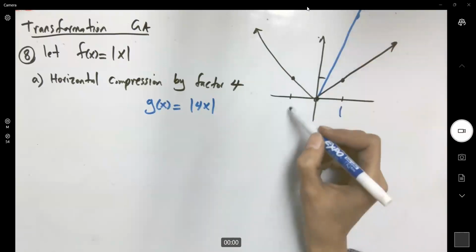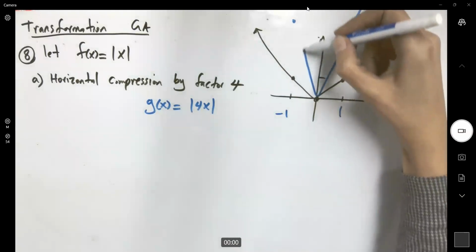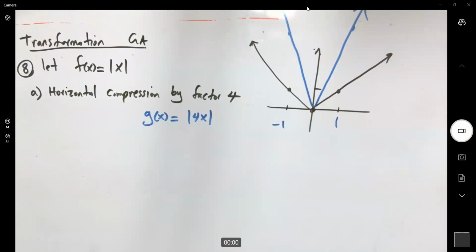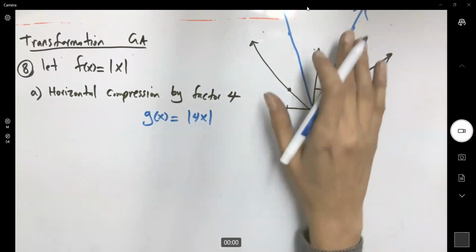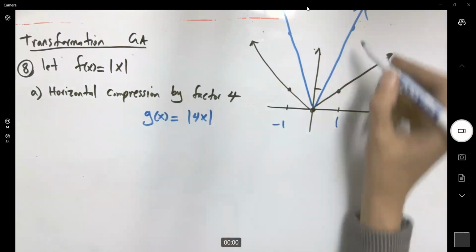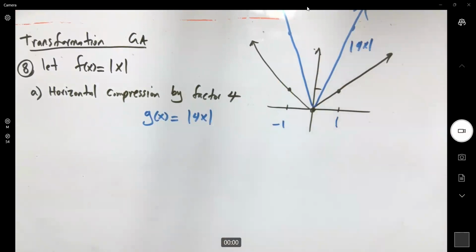I get -1, and for -1, I also get 4. This is the compression by factor 4. I'm using the same color for absolute value of 4x. So this is your absolute value of x, and this is absolute value of 4x.